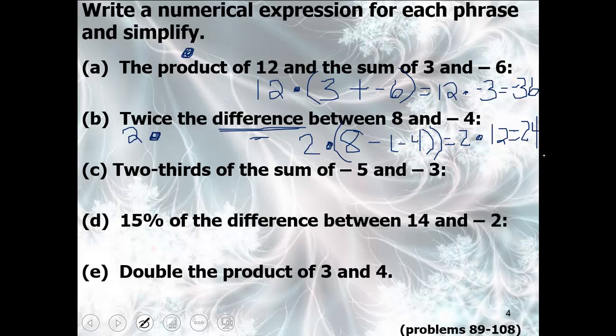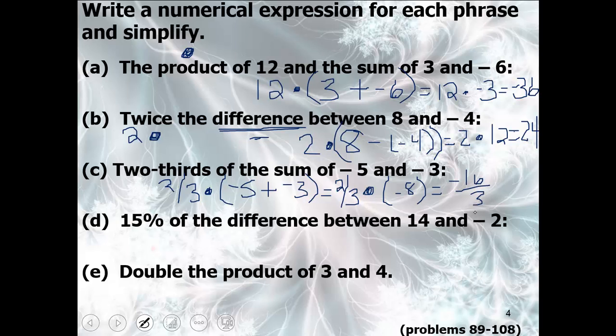2/3, that's just a fraction, 2 over 3, of the sum. So that's 2/3 times the sum of negative 5 plus negative 3. So I have 2/3 times negative 8, and that gives me negative 16 thirds.